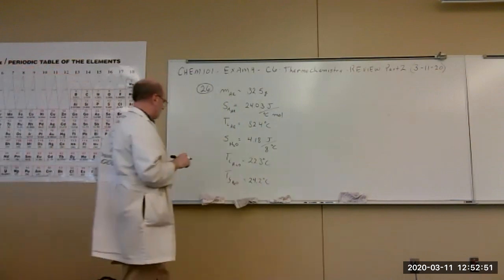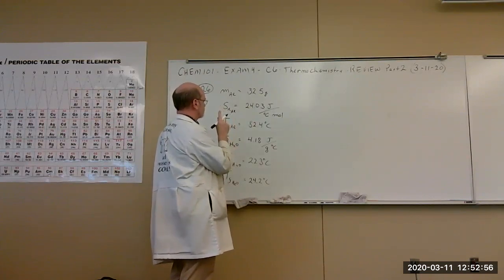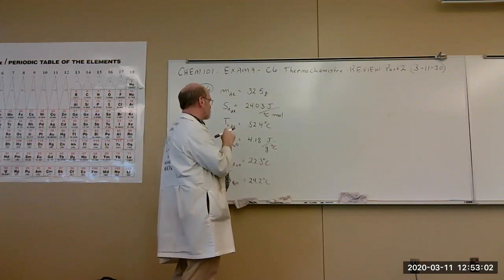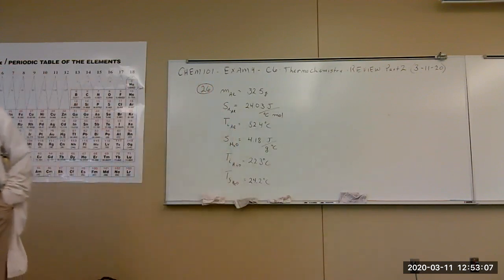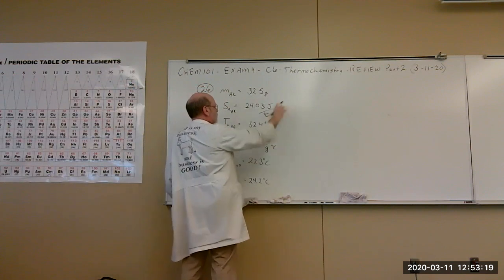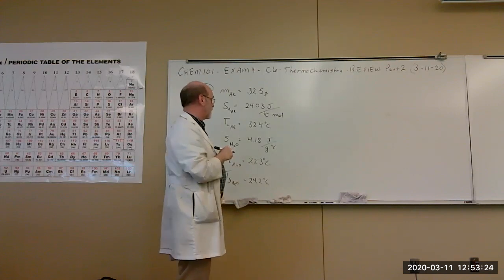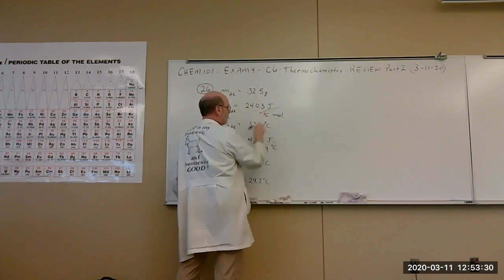All right. We could approach this two different ways. Probably the best way is, let's see how I did it in here. If we're going to use this value, then that needs to be converted to moles. The other way you could do it is leave that way and convert this to joules per degree mole.